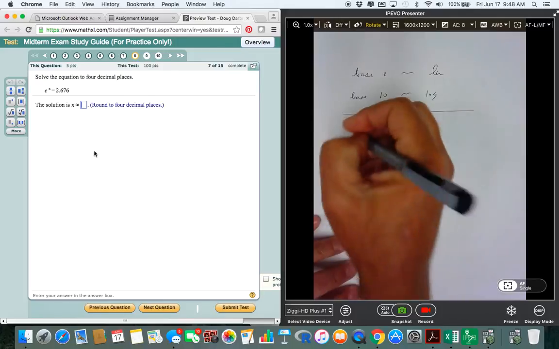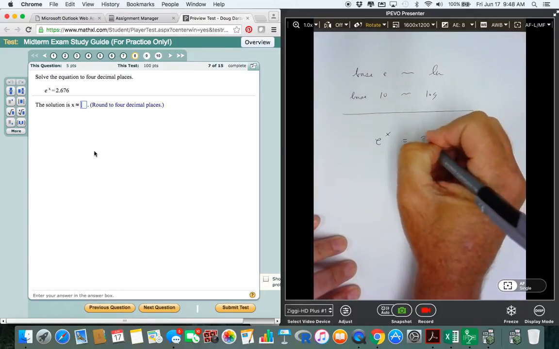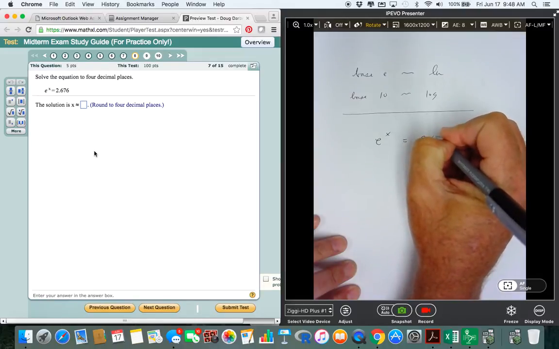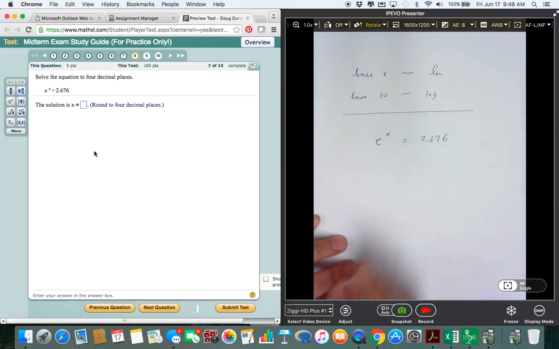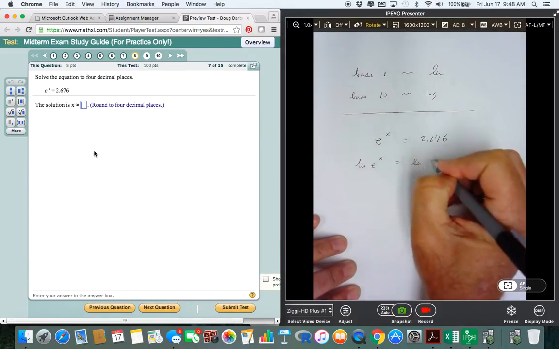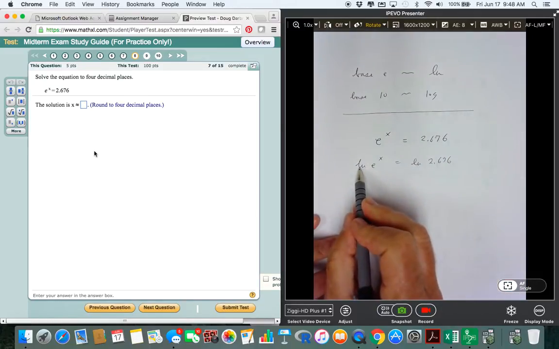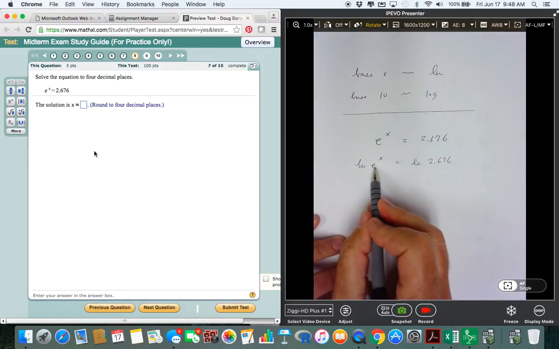Okay? All right, so let's just play this through, and let me just not do the problem, but show you why this works. If I take the natural log of both sides, what happens right here? Natural log of E is what? 1.